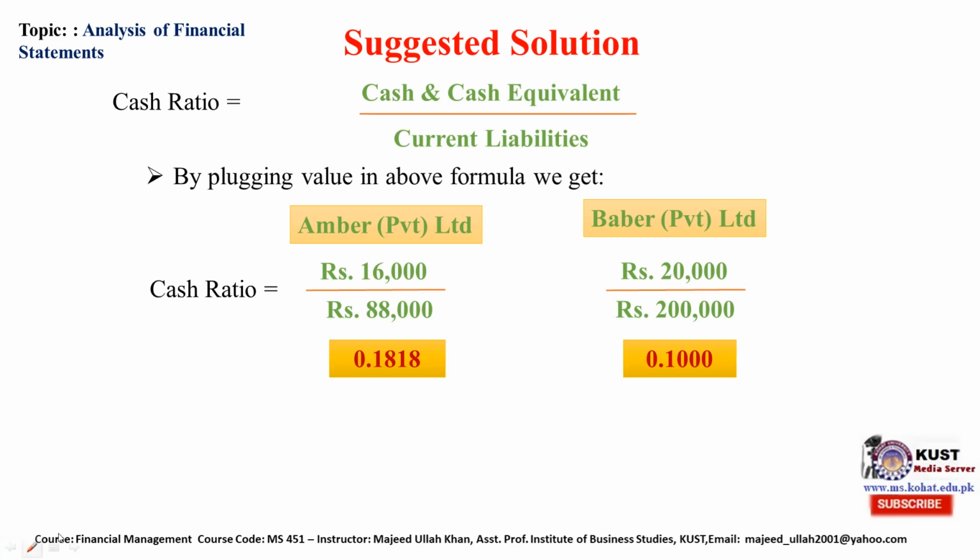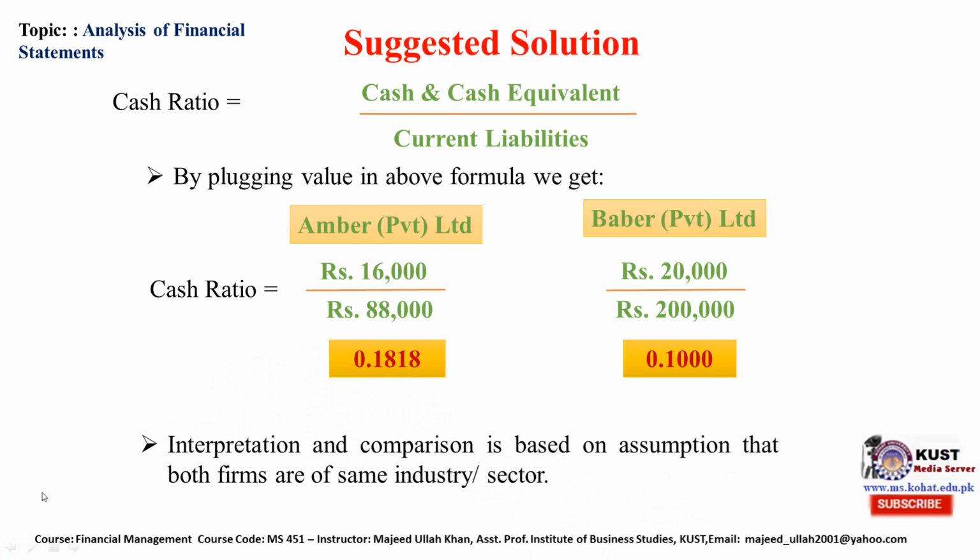How will we interpret it? It means that Amber has 18 paisa to pay 1 rupee of current liability. Similarly, Babar has 10 paisa to pay 1 rupee of current liabilities.